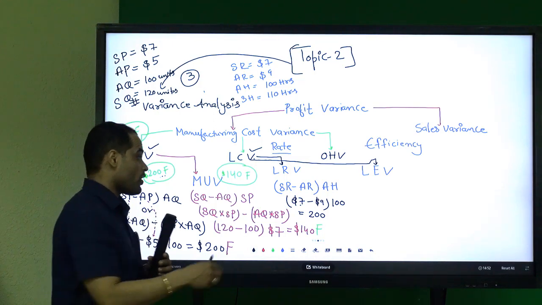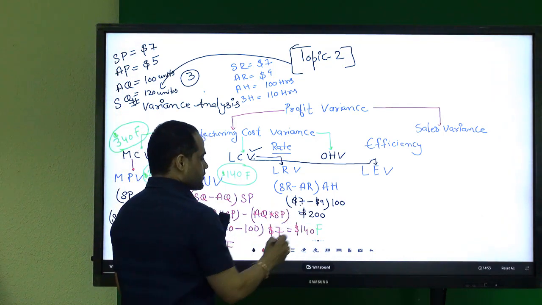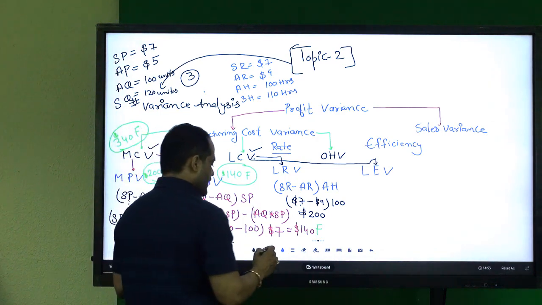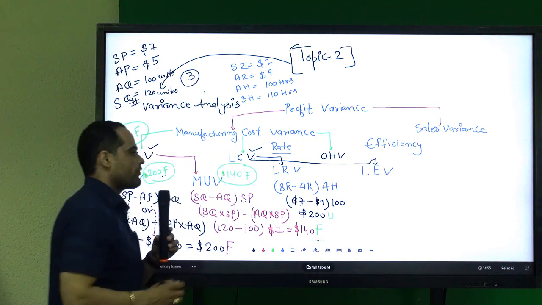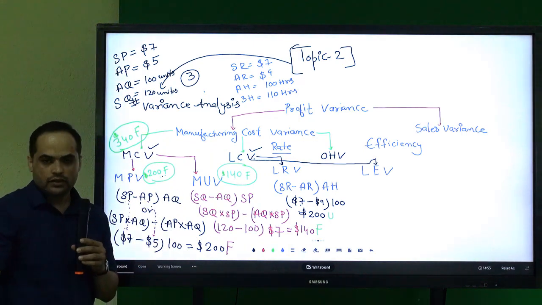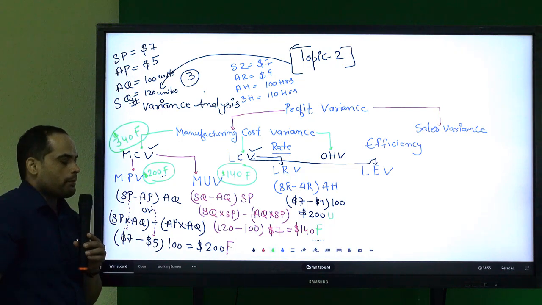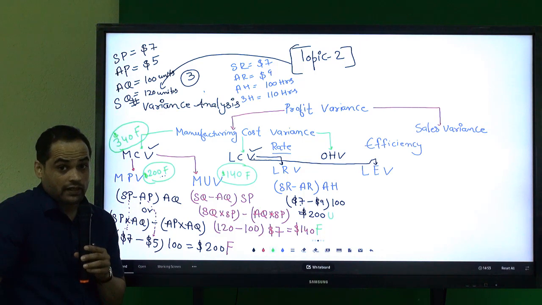If my worker works 100 hours, it means I'm paying $200 more. So this $200 is unfavorable. It means I'm paying $200 more than I expected.